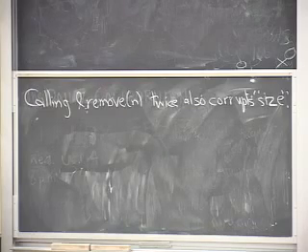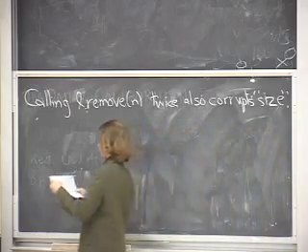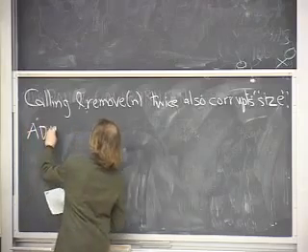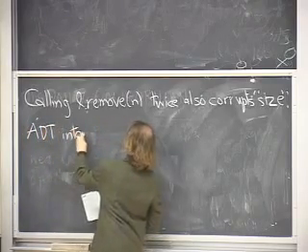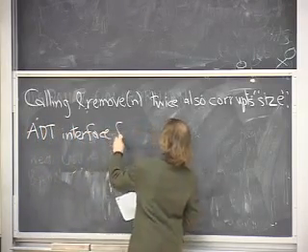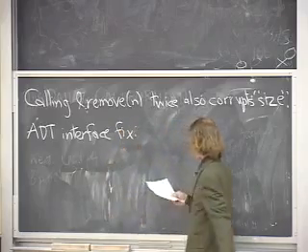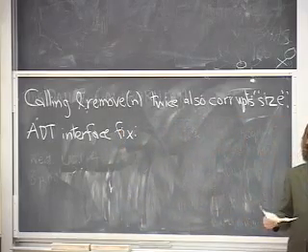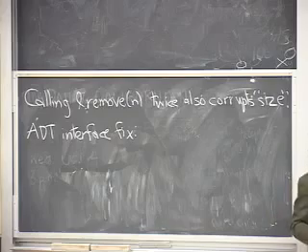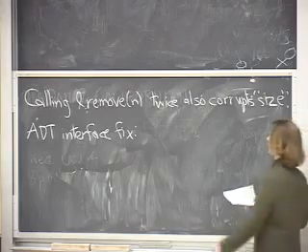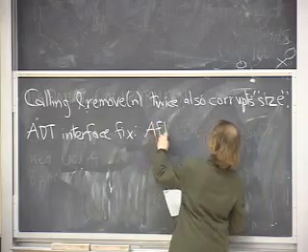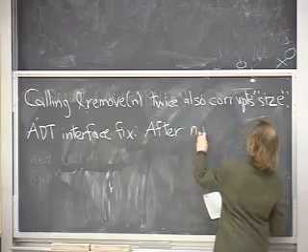So let's look at how to fix this. First of all, from the ADT interface point of view, here's what we're going to do. After we remove a node, that node is declared invalid. This is how it works in homework 5.